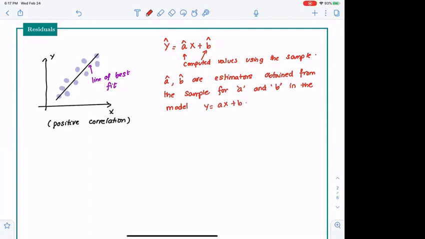So the original A and B that we were looking for, now we have computed it using a sample, and that is what we have here.